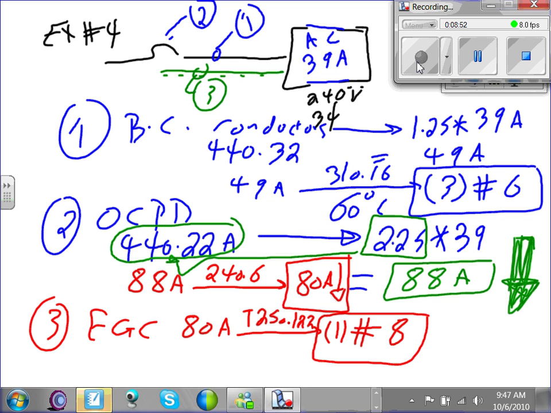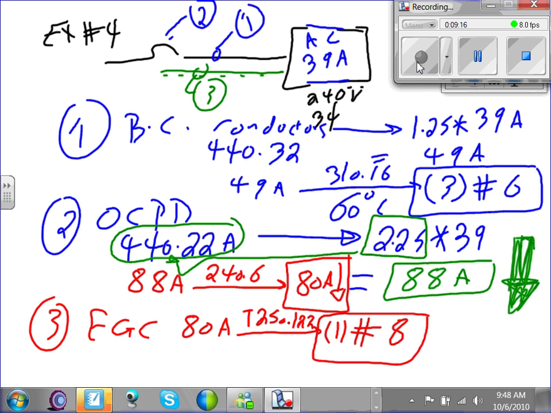Okay. Now the same rule applies. If this calculation was higher than number 6... is number 8 higher than number 6? Wire gauge, not number-wise. Is number 8 higher than number 6, the thicker? Oh, no. Number 8 is a smaller conductor than number 6. So we're okay.